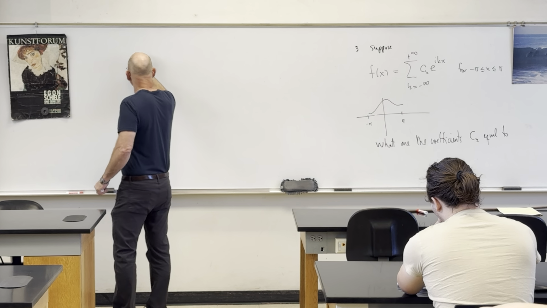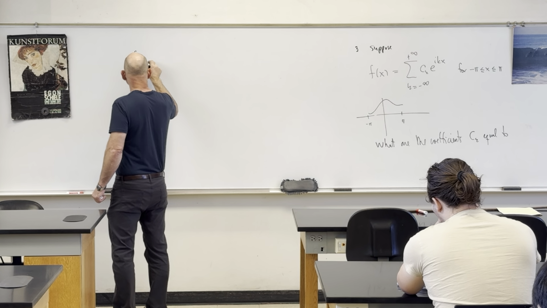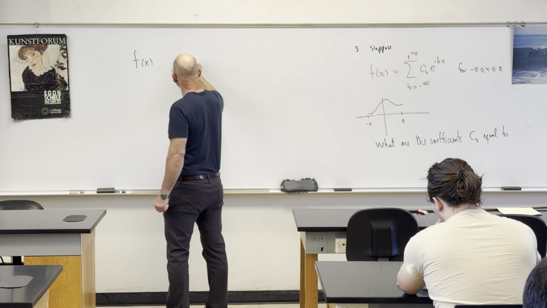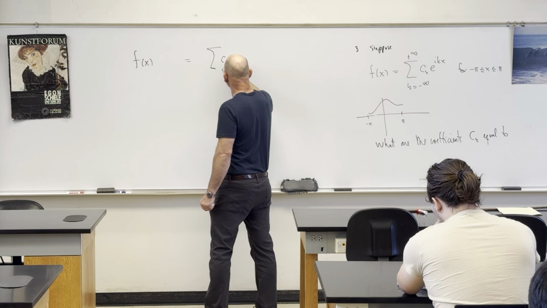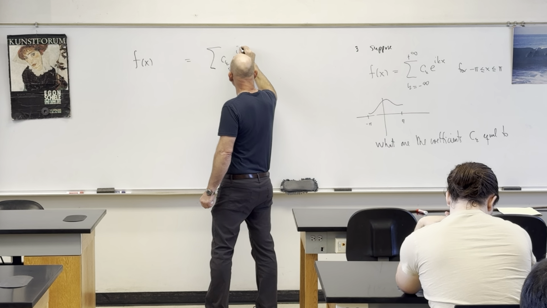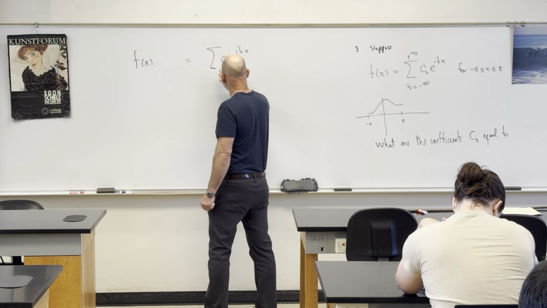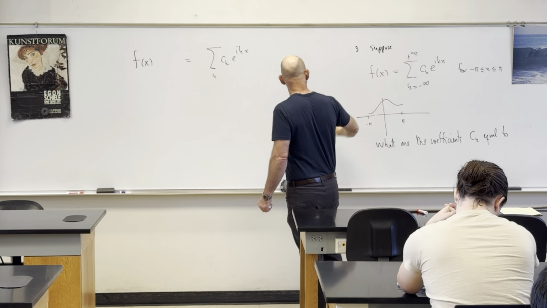We're going to take the same equation but leave some space. Sum over c sub k e to the i k x.